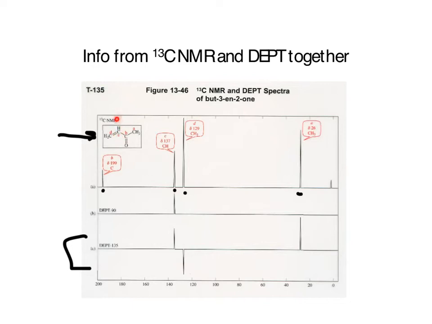Carbon C has 1 hydrogen, it will also point up. And again, you don't get any CH3s down here, so the only possibility is a CH. The D here is a CH2, so that will point down. So you're able to determine which signal in your carbon NMR actually corresponds to the CH2 of the alkene. So we gain some of that information back that we lost from decoupling our carbon when we run a DEPT.